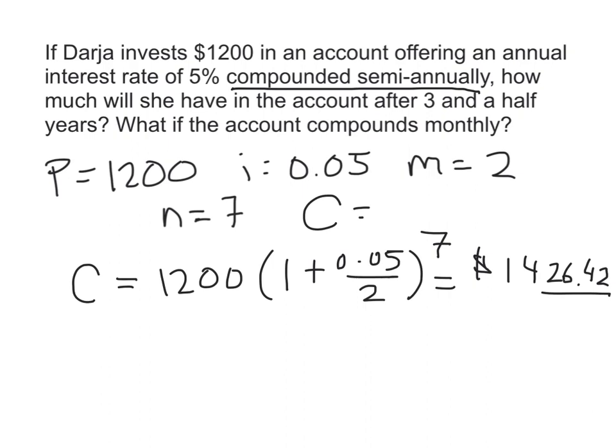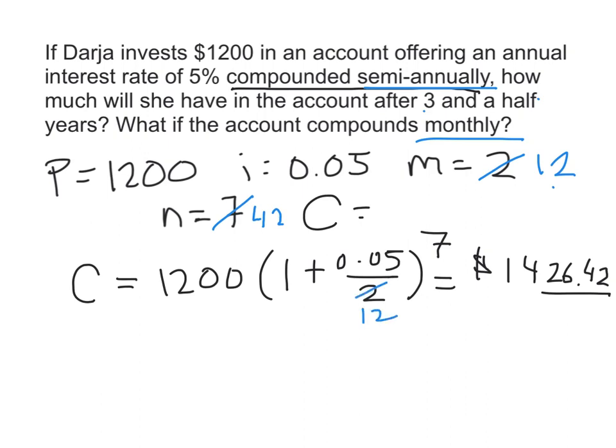If the account compounds monthly instead of semi-annually, the only thing that changes is our M and our N. Monthly means 12 times per year. So in 3.5 years, that's 12 times 3 is 36, plus another 6 months, that's 42 months or interest periods in total.